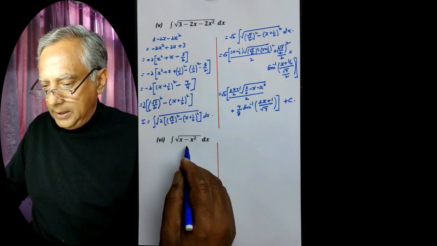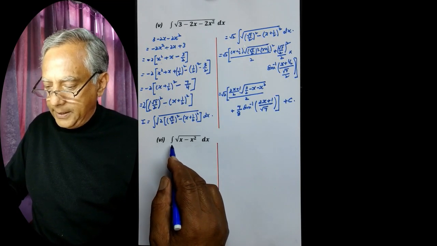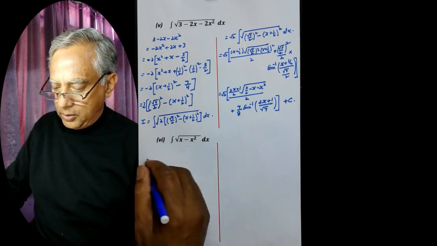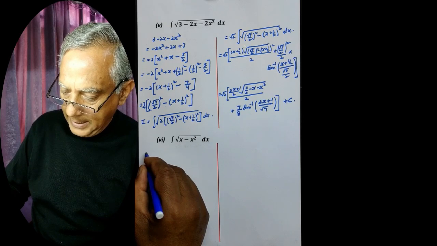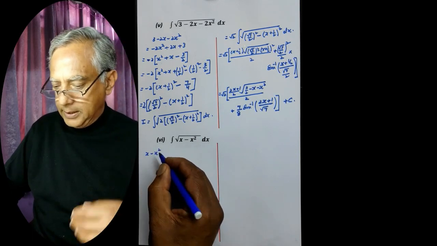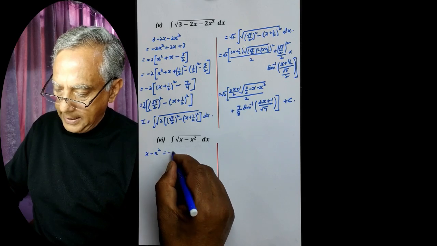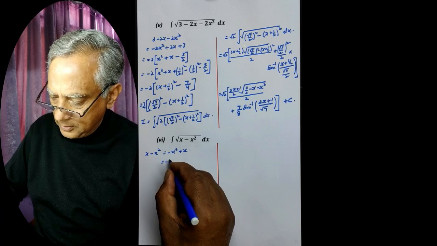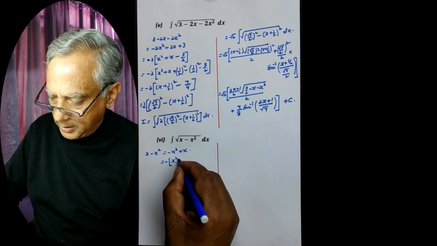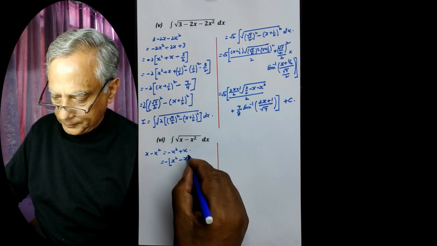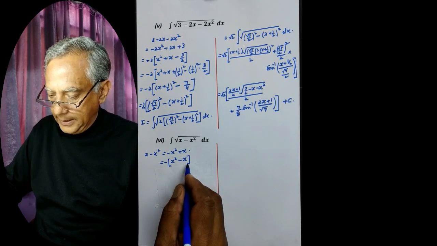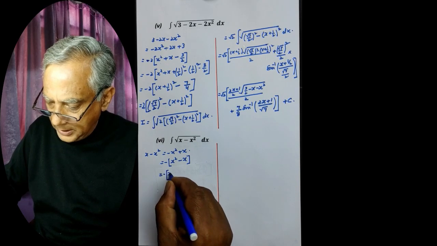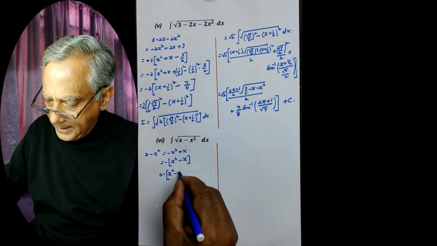Now last question of this form is integral of x minus x square dx. Now x minus x square is equal to minus x square plus x, and minus is common, we have x square minus x, and this is equal to minus x square minus x.